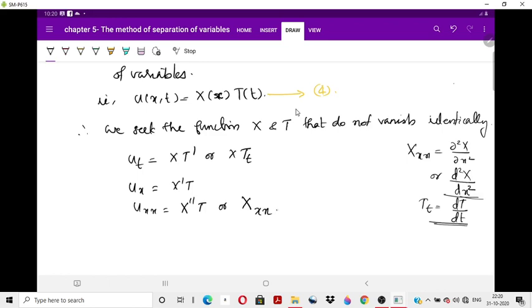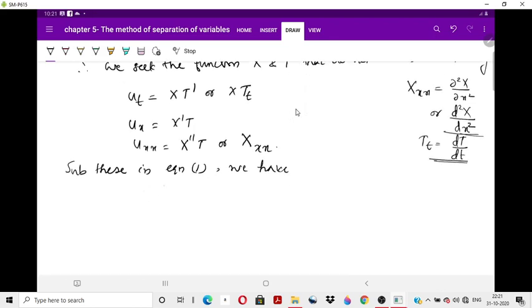Now substituting this in equation 1, we have u_t minus k u_xx, which is X T prime minus, not c squared, it is k, the constant is k, sorry.